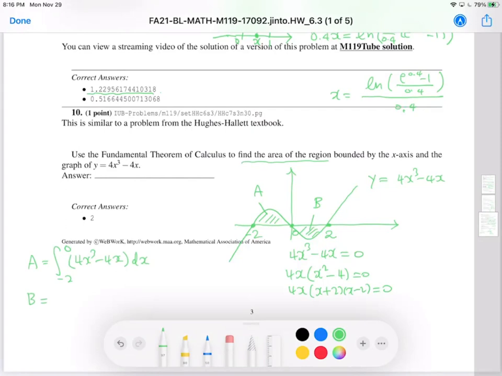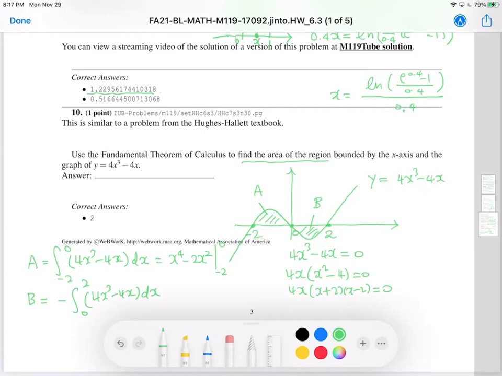The area of B is minus the integral from 0 to 2 of 4x cubed minus 4x dx, because the definite integral is the negative area, negative B. So this is equal to x to the fourth minus 2x squared, from negative 2 to 0.